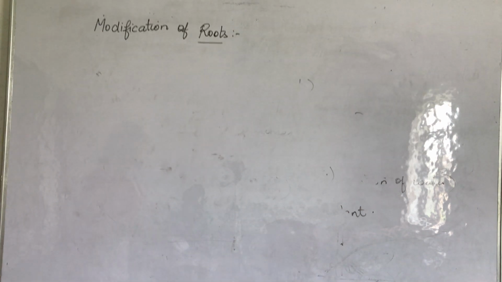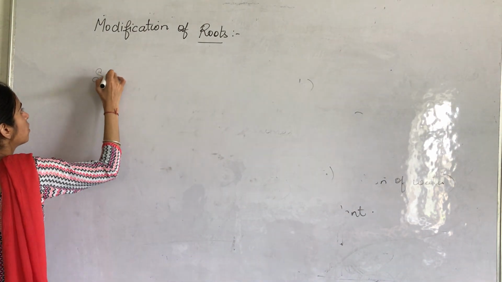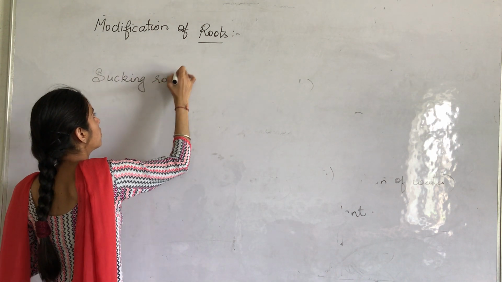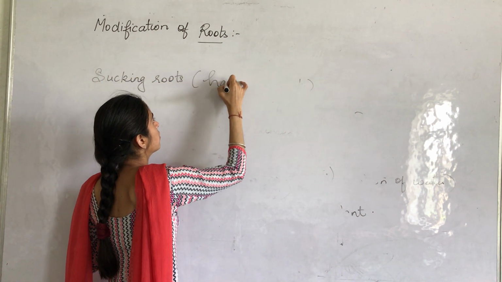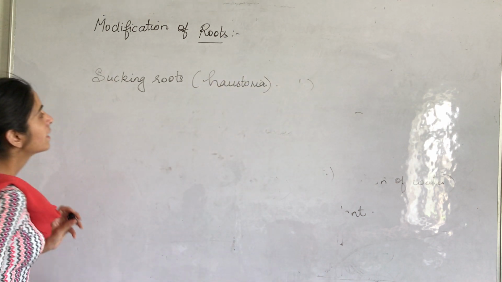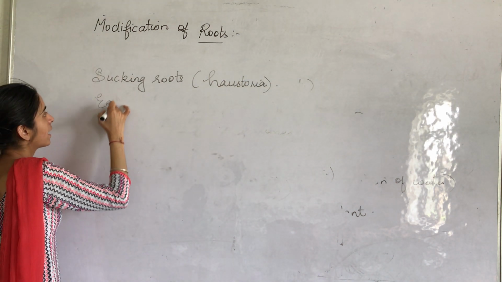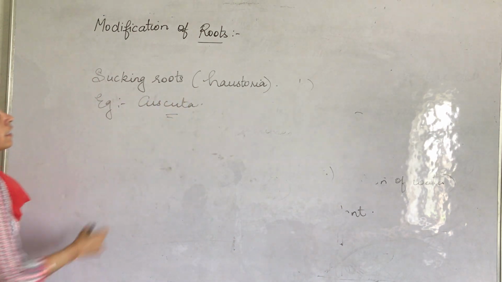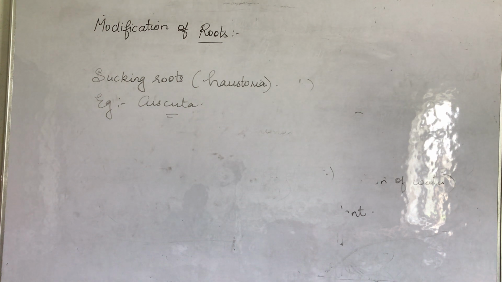After that we have sucking roots. Sucking roots are also known as haustoria. These are generally found in plants like Cuscuta. What happens in the case of sucking roots?